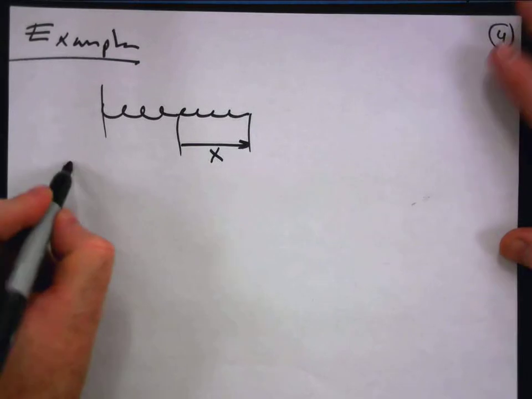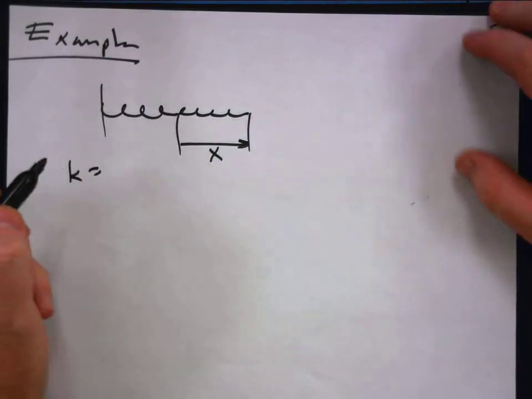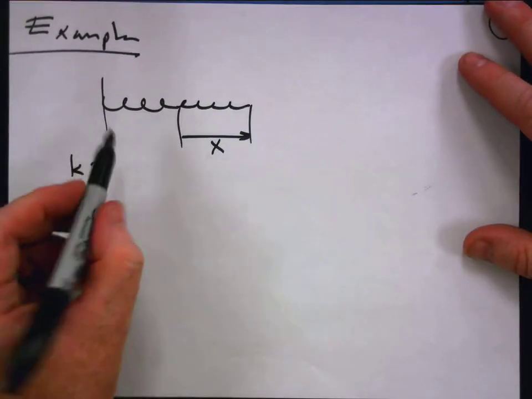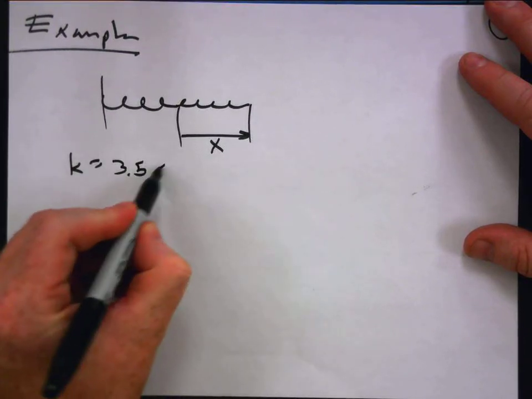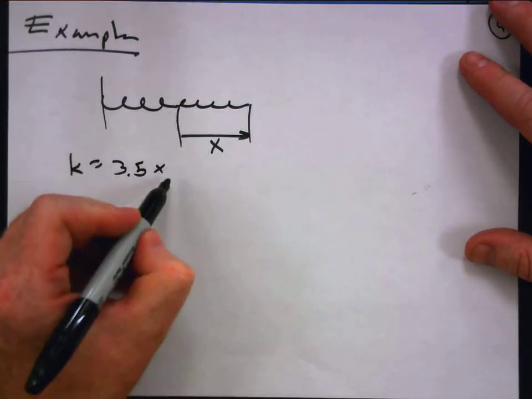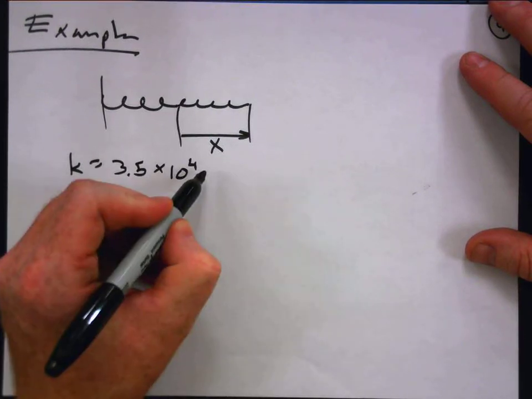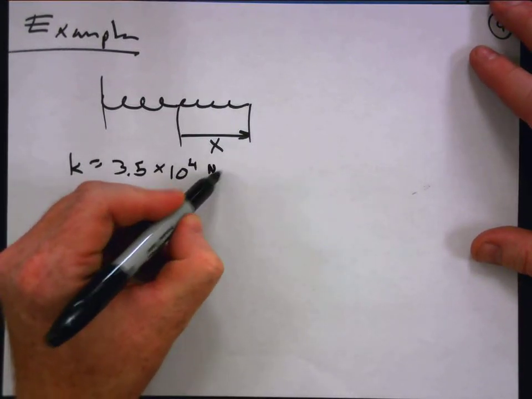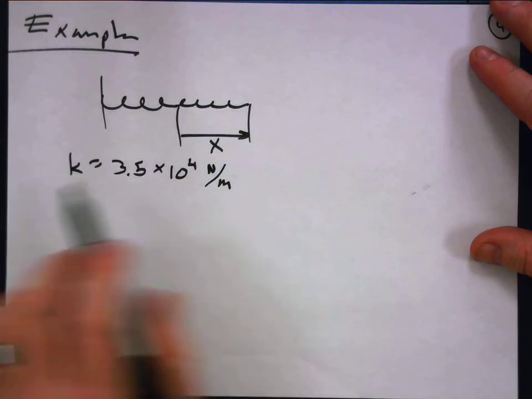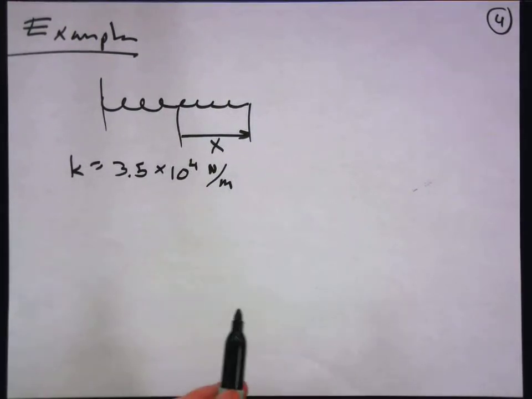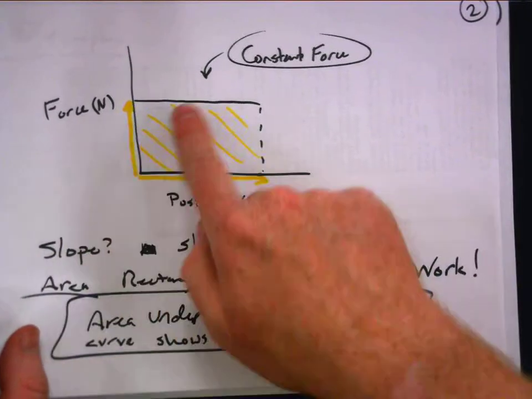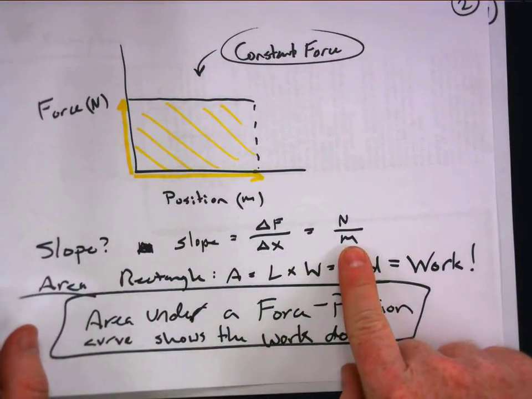We know something about the spring constant. I'll throw some scientific notation at you just in case it's been a little while. Spring constant is given as newtons per meter, right? That's crazy, because when I looked at this kind of graph and found the slope of it, those units were newtons per meter.